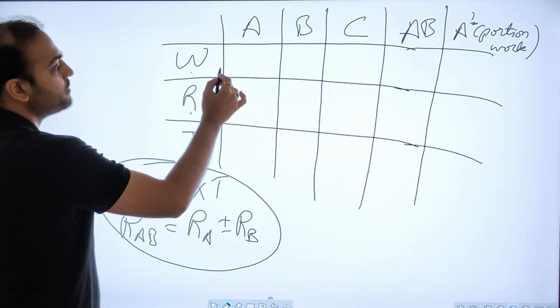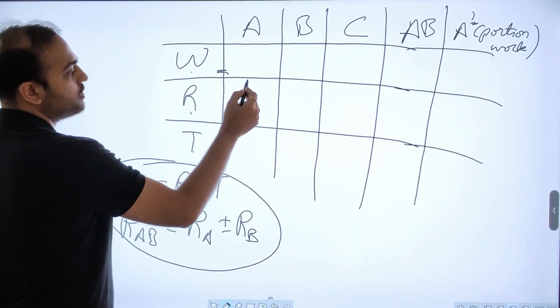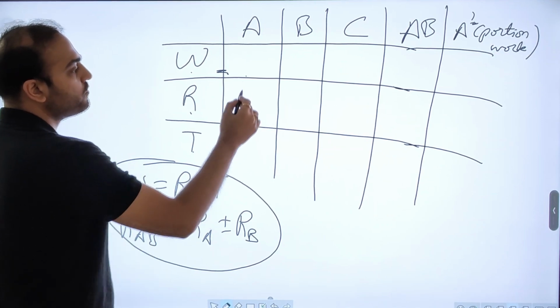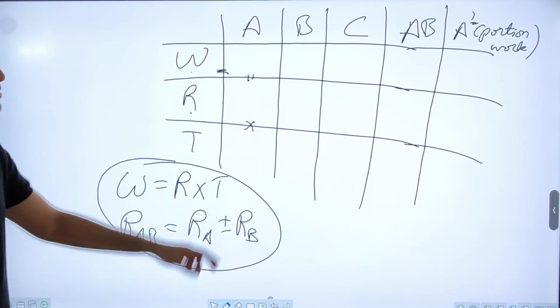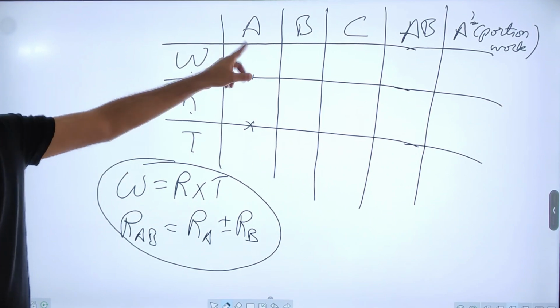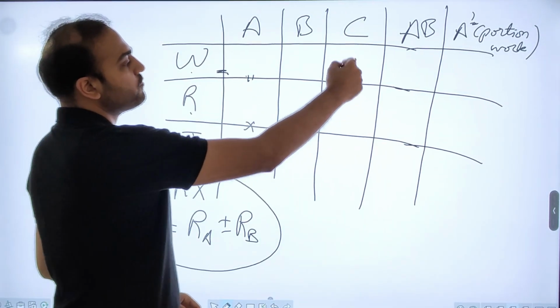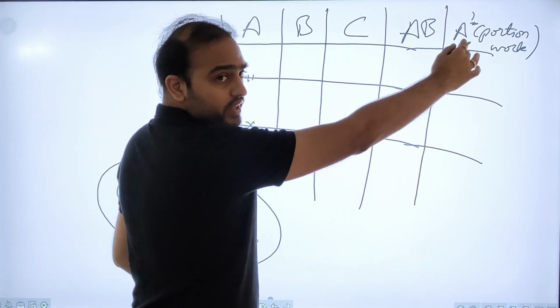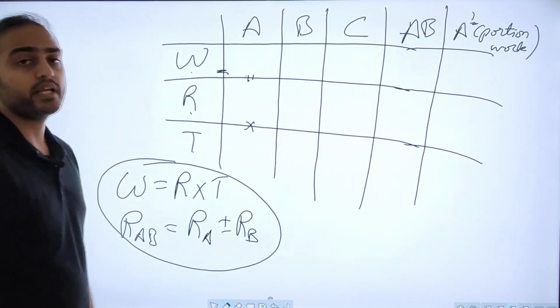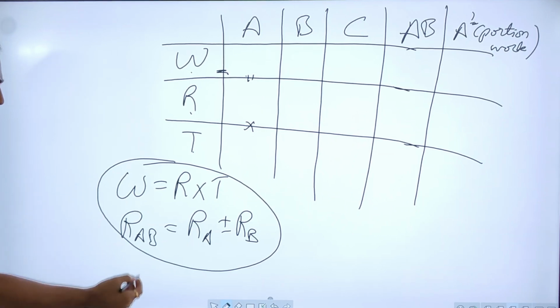So for each column, your first row should be the product of the last two. For A, for B, for C, for AB, whatever variables are there, this relationship needs to be followed.